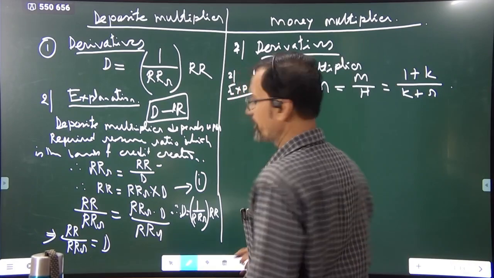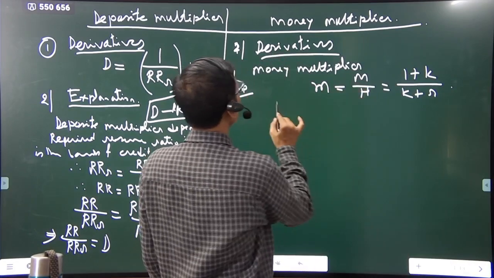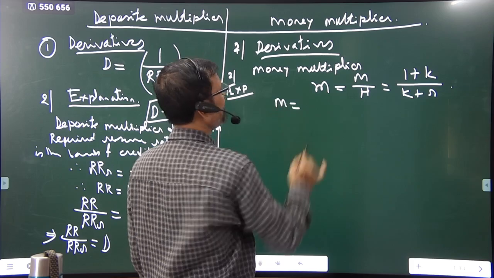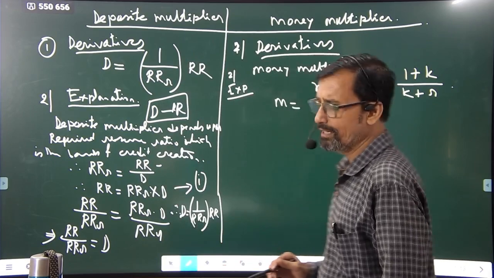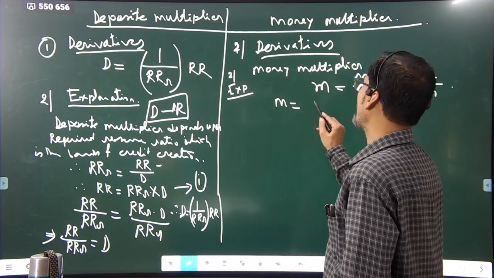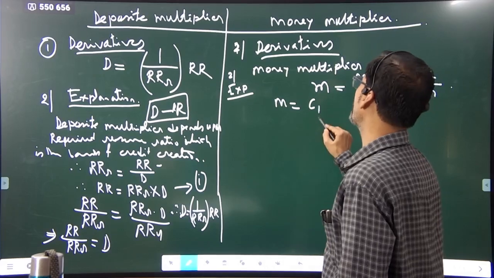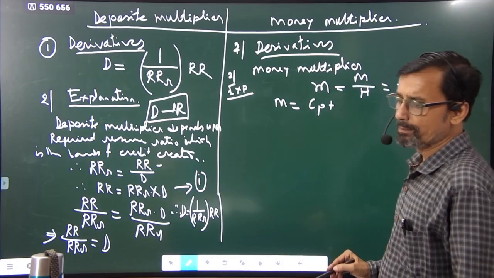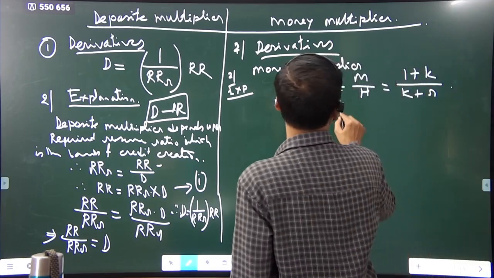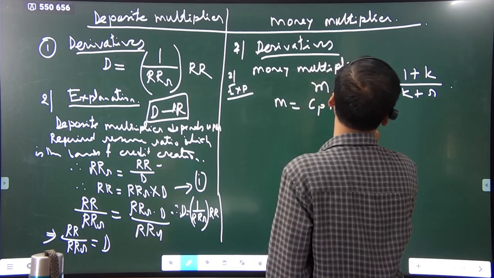This is M, that is, the money supply in the economy. M indicates the money supply of the economy. That is, currency held with the public plus demand deposit with commercial banks.